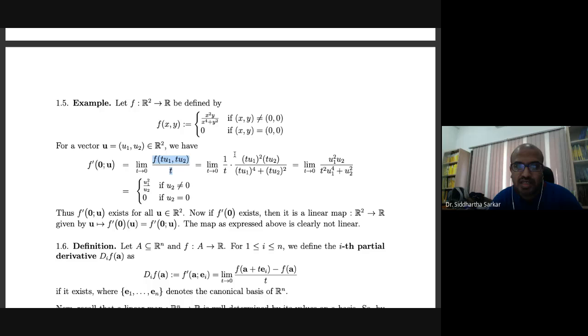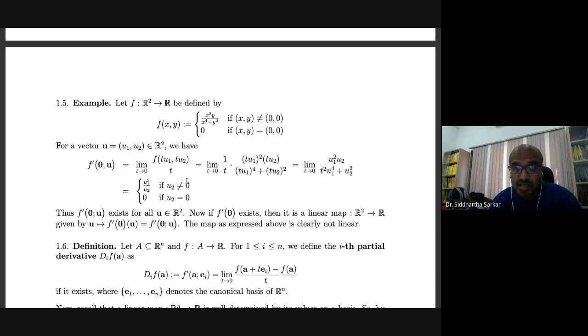What you end up getting is some expression like this. If you clean that up, you get some expression like u1 square u2 divided by t square u1 power 4 u2 square. So in this case, there is no t on the numerator and there is only one t square in the denominator. This limit actually would exist.